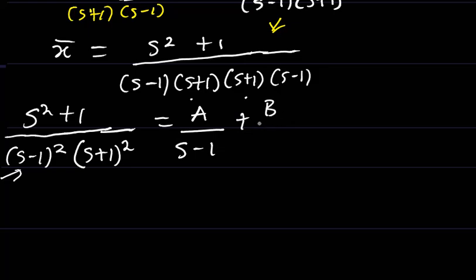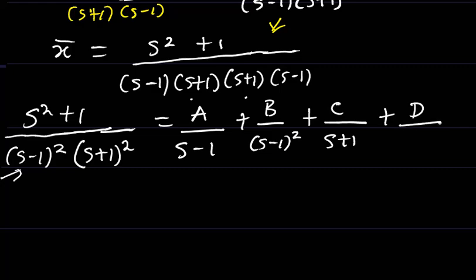We now move to the second power, that's going to be x minus 1 squared. I'm done with this. I'll now have c over the first power of x plus 1, of course that's x plus 1, then plus d, this time around, over the second power of x plus 1, which of course is x plus 1 all squared.